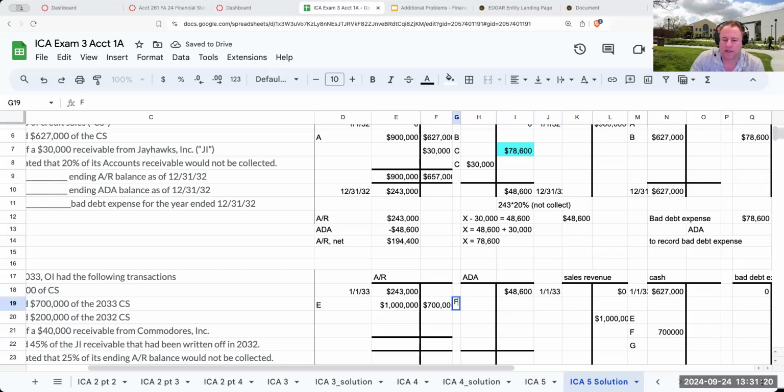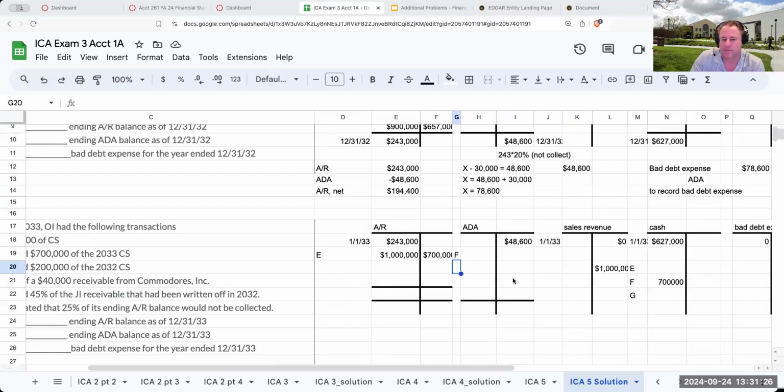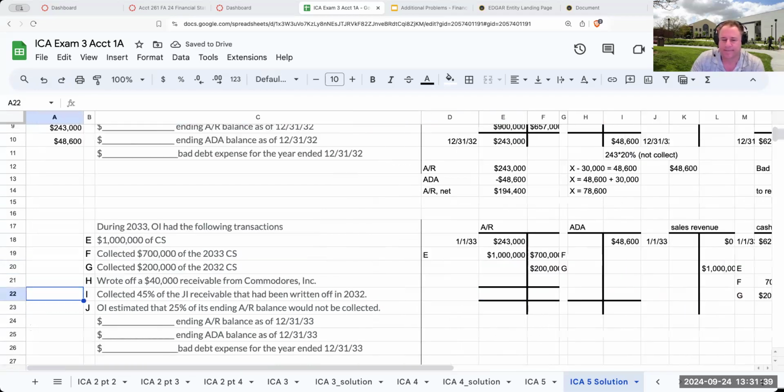So this is going to be F. And then I collected 200,000 of those old credit sales from before. So right over here, 200,000. It's the same thing. It's just more cash that's going through and being collected.